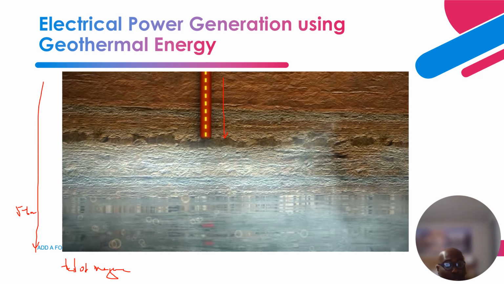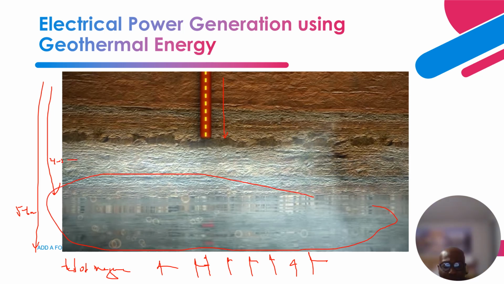The hot magma hits the rainwater that is far below the Earth's surface, estimated at about 4 to 5 miles, so this turns into steam.